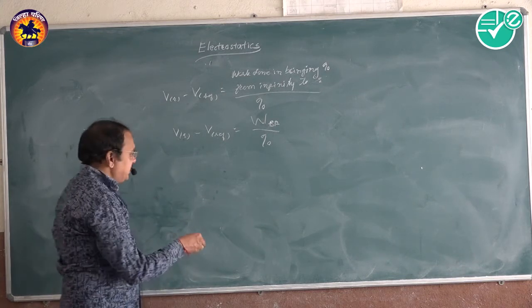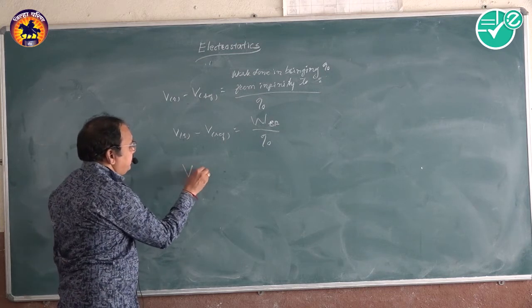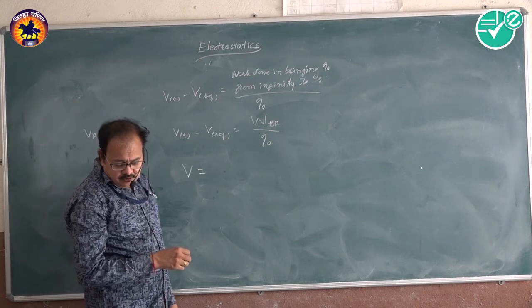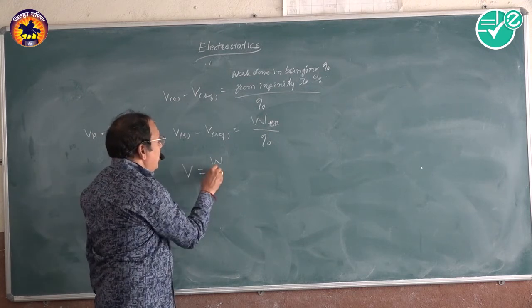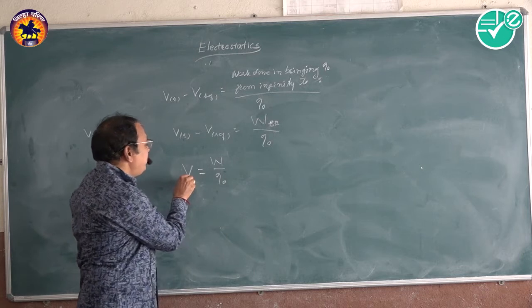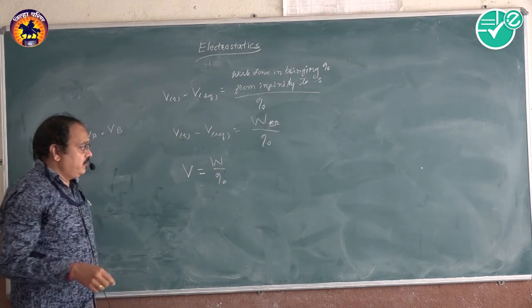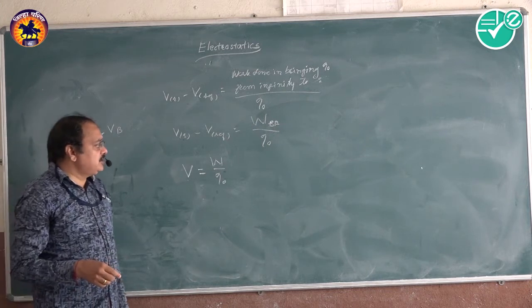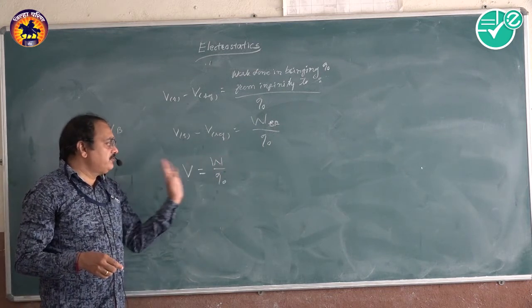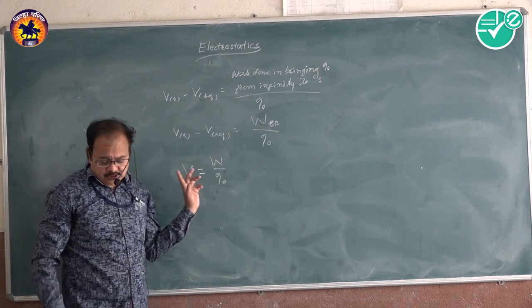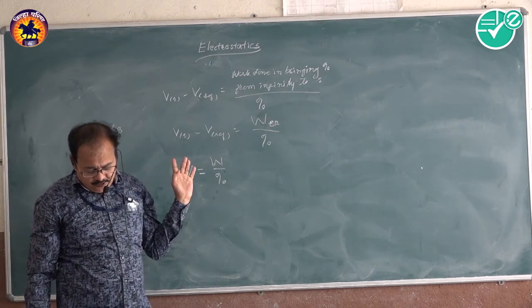Here we can say that V equals W upon Q naught. It is the work done for bringing the point charge from infinity to the present location, upon Q naught. It is said to be electric potential. Here, phi is the electric potential.